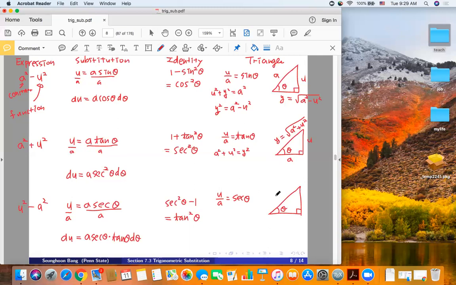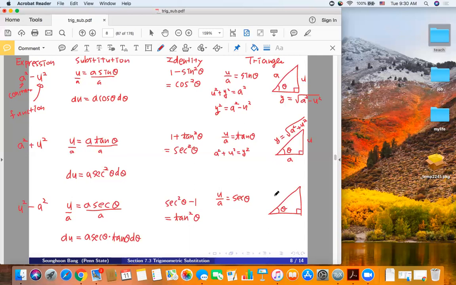The secant theta is exactly 1 over cosine theta, right? So what is secant theta? Do you know cosine theta? Yes. Cosine theta is exactly adjacent over hypotenuse.